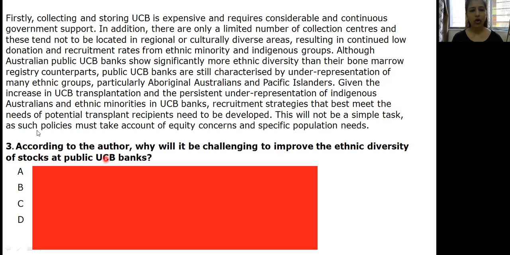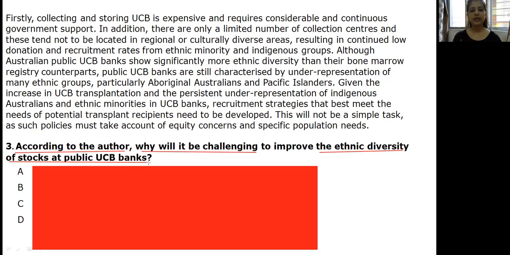So here it says, according to the author. You see, again, this is the author's opinion. Why will it be challenging to improve the ethnic diversity of stocks at public UCB banks?